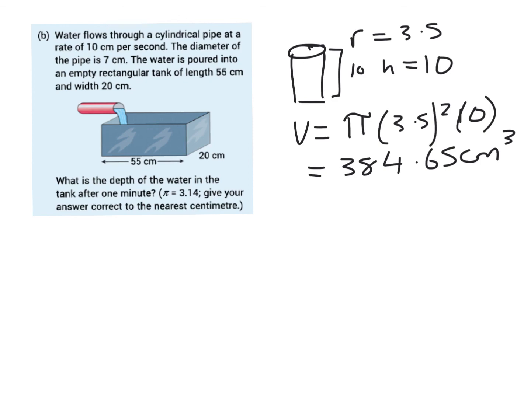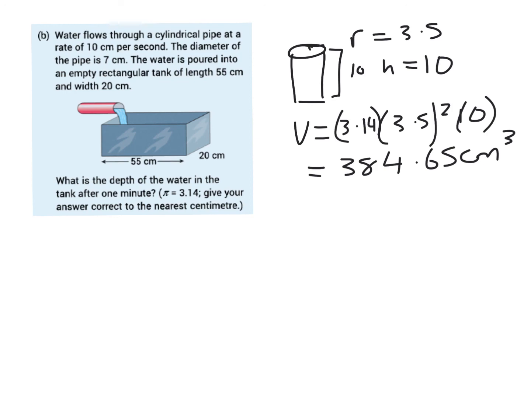Oh, sorry, before I did that, instead of pi, I should have put in there 3.14. And then it says, what is the depth of the water in the tank after 1 minute?